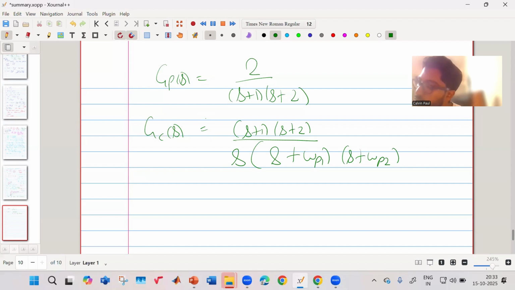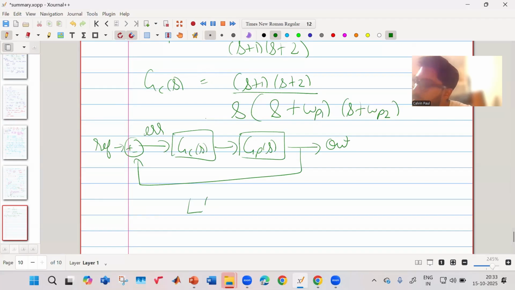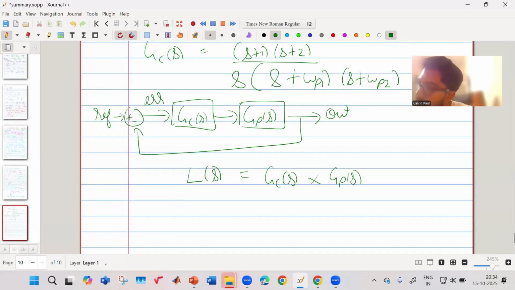So now what would be your loop? You have your reference, you have your controller, you have your plant, and you have your output. It comes over here. This is your error. So your loop L(s) is Gc(s) into Gp(s). Now, your closed loop transfer function is given by Gc(s) Gp(s) upon 1 plus Gc(s) Gp(s).